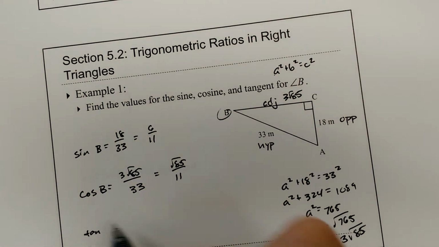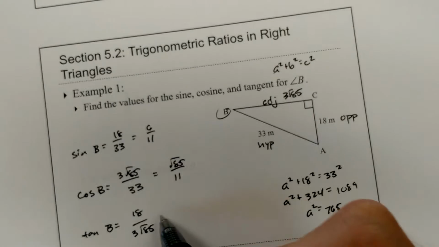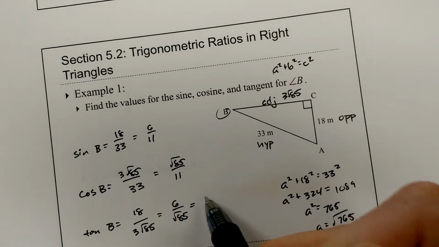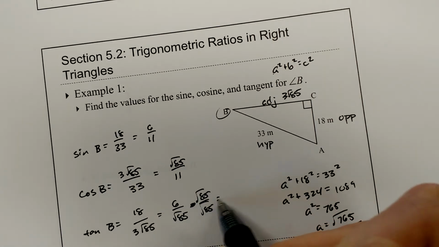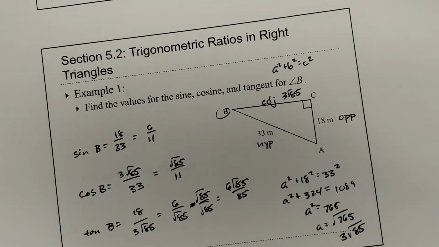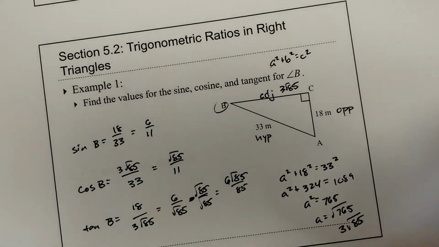And the tangent of b is the opposite side, 18 over the adjacent side, 3 root 85, which would reduce to 6 over root 85. You cannot have a root on the bottom, so you have to multiply the top and the bottom by the square root. 6 root 85 over 85, and I don't know if 6 85ths reduces. It sure doesn't, so it's 6 root 85 over 85.